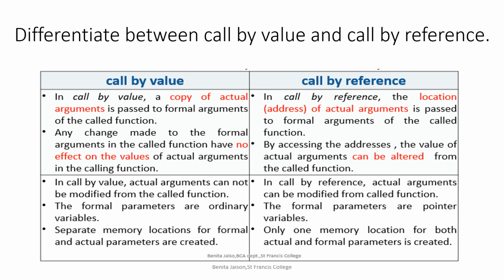As we are passing addresses in call by reference, we have to declare the formal parameters in the function definition as pointer variables, as addresses can be assigned only to a pointer variable. The address passed is directly assigned, a one-to-one assignment, so we have to indicate it as a pointer variable.